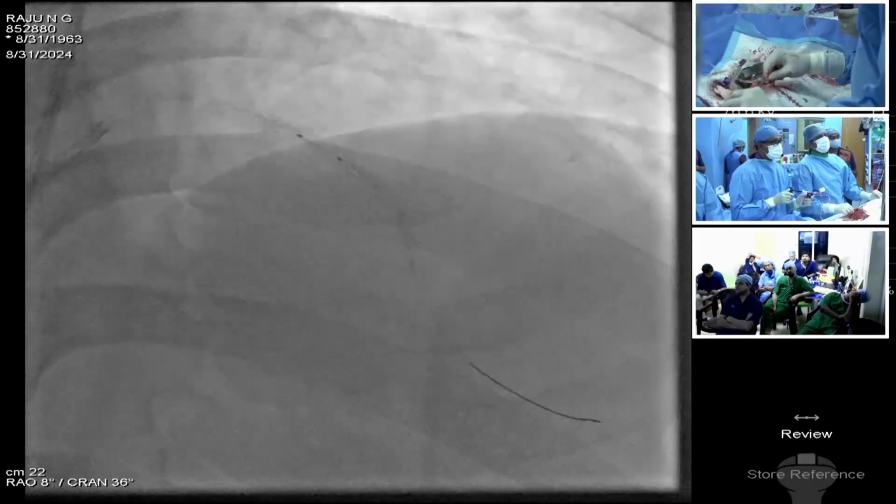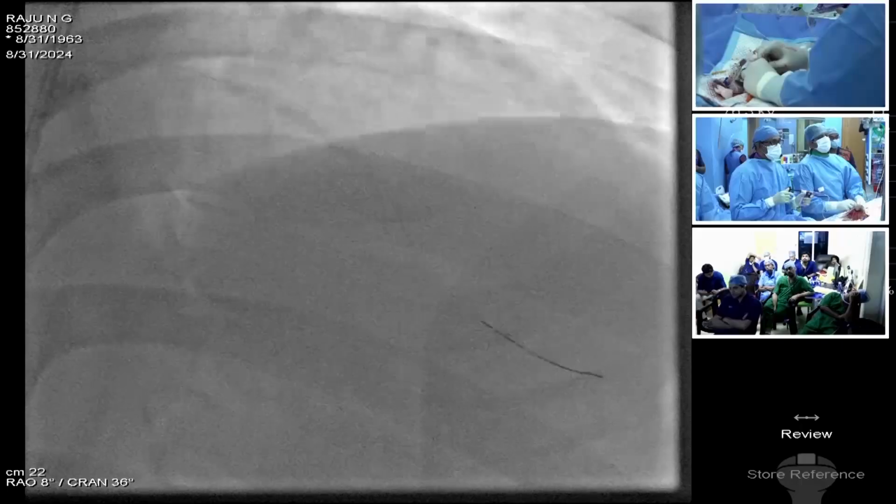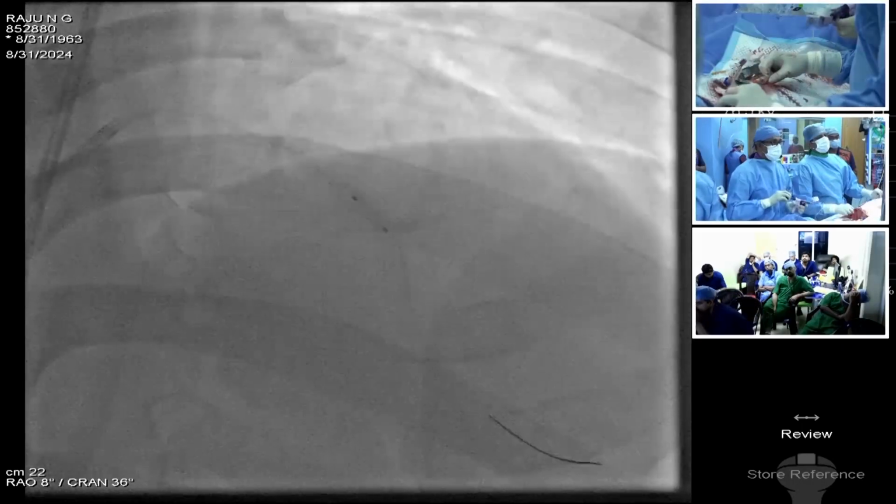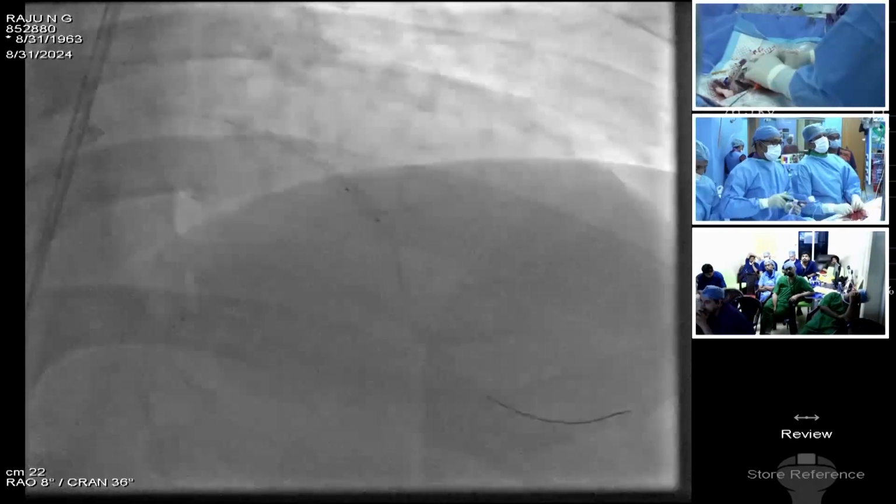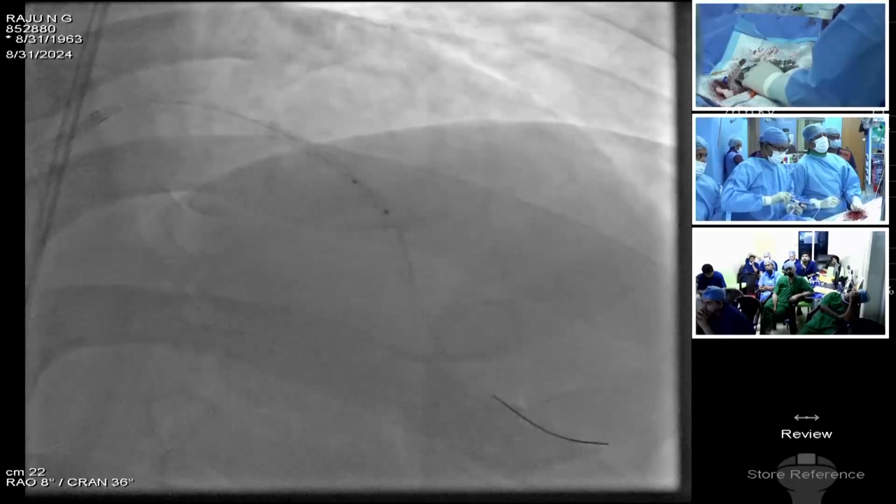We'll dilate it there and okay. Now we'll go at lower pressures. 10, 12. It's opened up. Okay.